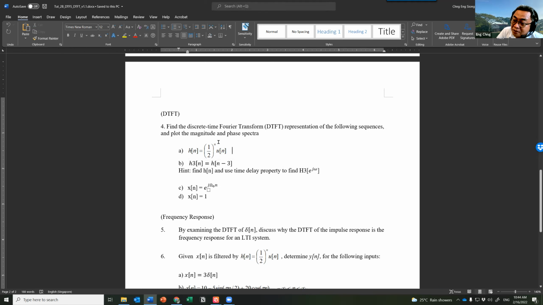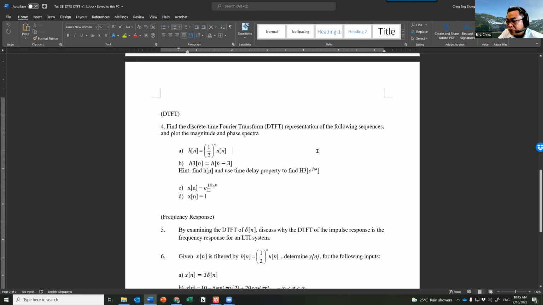How do we know that this is aperiodic? You go and plot this. This is the same h of n I was playing with just now: half to the power of n, where n equals 0 is 1, followed by half, followed by half squared, half cubed, and so on. So this is an infinite impulse response.